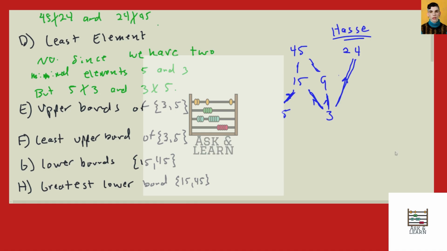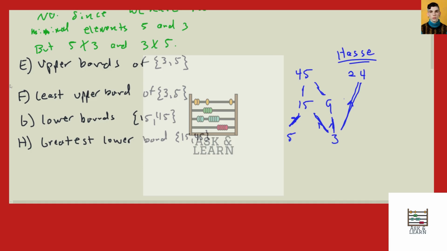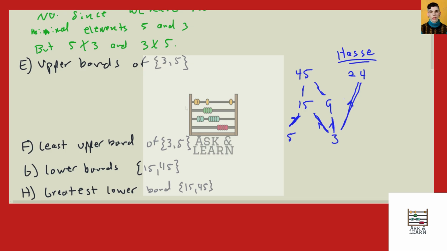Now we want the upper bounds of 3 and 5. All this means is what values are above both 3 and 5, or in other words, what numbers can both 3 and 5 divide? Well, 3 and 5 can both divide 15, so one of the upper bounds is 15. And 15, since it's divisible by both 5 and 3, divides 45, so 45 is also an upper bound.